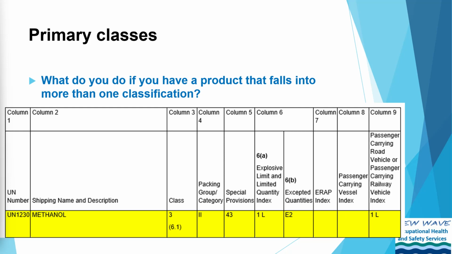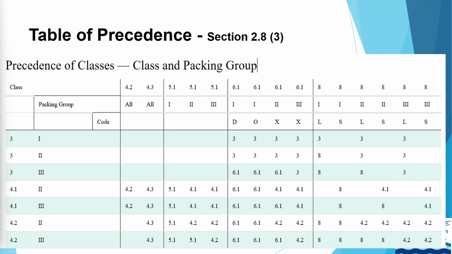That's okay for gases, but what about our methanol, which is liquid? For liquids and solids, the regulations have a table of precedence, which tells you the primary class for any combination. Thinking back to methanol, we have class 3 packing group 1 and class 6.1 with no defined packing group.